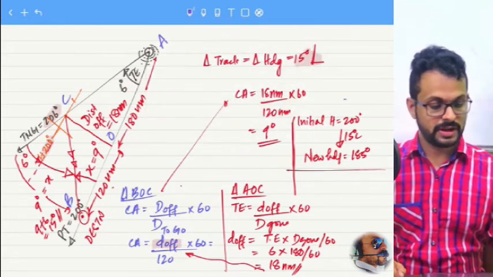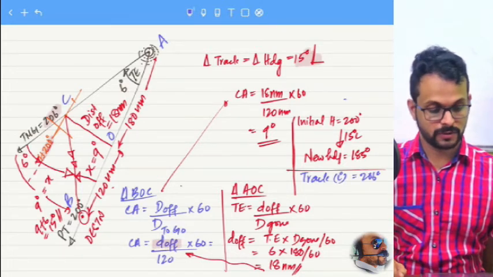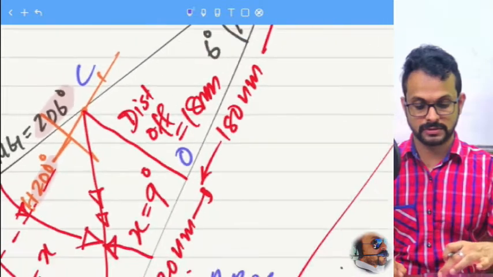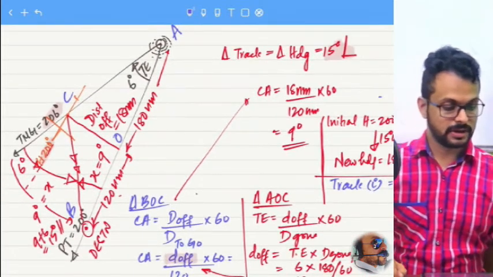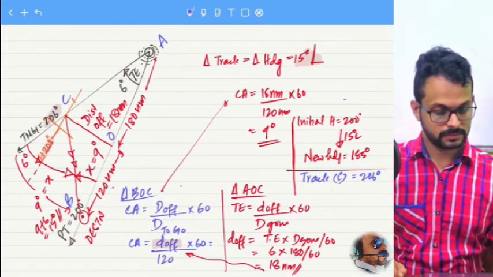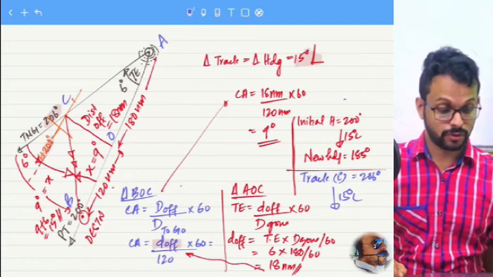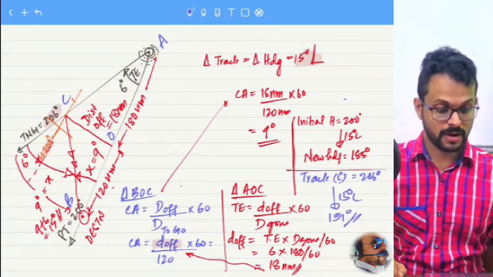So you are on the initial track. The initial track, or the track made good, is 206 degrees. This is 206 degrees straight here, which is your initial track. And we are establishing a 15 degrees left track change, and that is going to take you to the new track of 191 degrees.